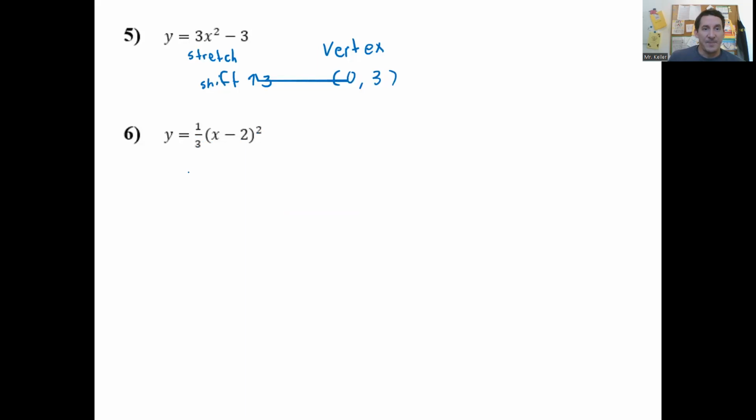All right, so this one, the 1/3 is going to shrink it. And then the -2 is going to be a shift right 2. So our new vertex is going to be at 2, and then we didn't do any shifts in the y direction. So 2, 0.